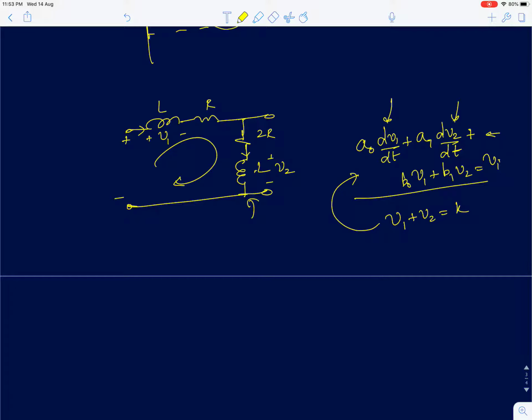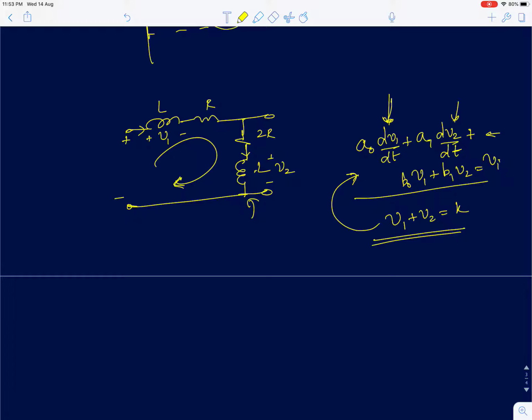So from that argument, if you have a linear relationship between the two variables and one more equation containing differential terms of both the variables V1 and V2, that can be reduced to a simple first order differential equation. That's what I had already discussed for capacitors.